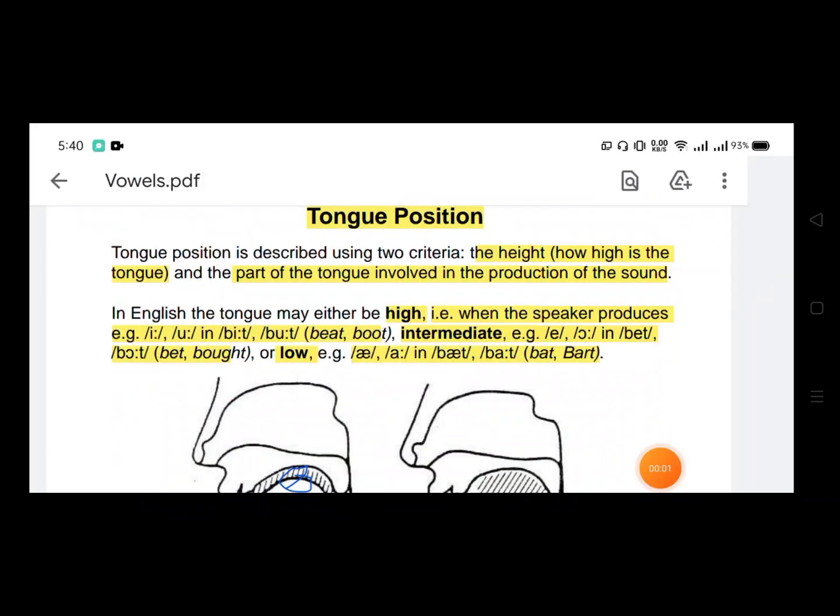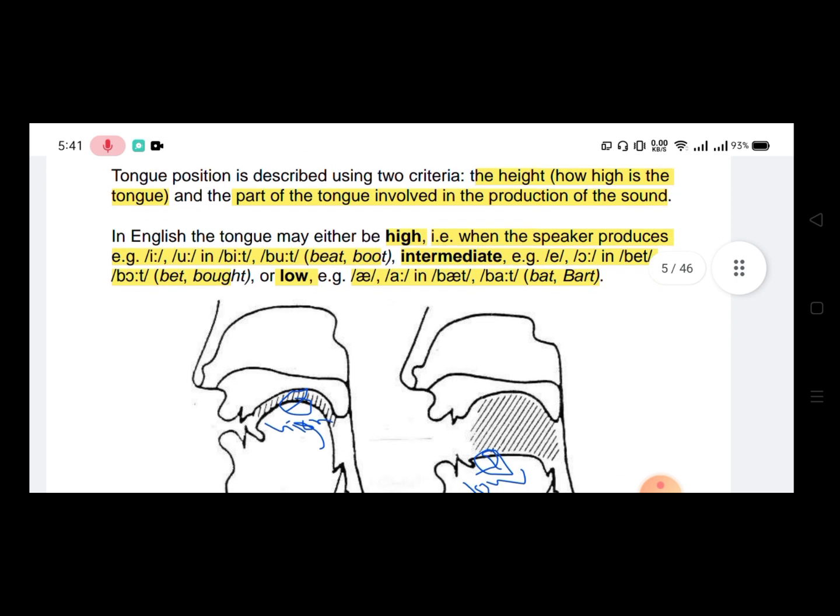And now we'll see the tongue position. While articulating vowels, we'll see three different positions of the tongue: high, low, and intermediate. So basically the height means how high the tongue is while articulating the vowel, and which part of the tongue is involved in the production of the specific sound.